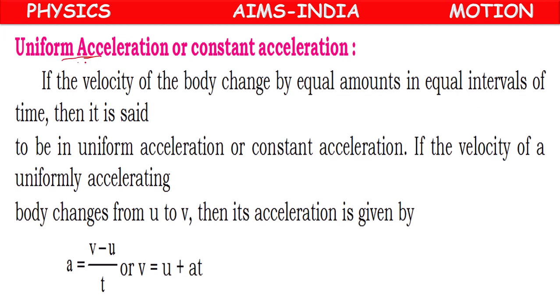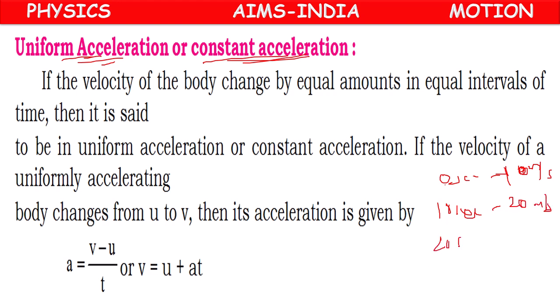Next, uniform acceleration or constant acceleration. Suppose we have started the journey from 0 seconds. Velocity is 10 meter per second. Now after 10 seconds, velocity changed to 20 meter per second.